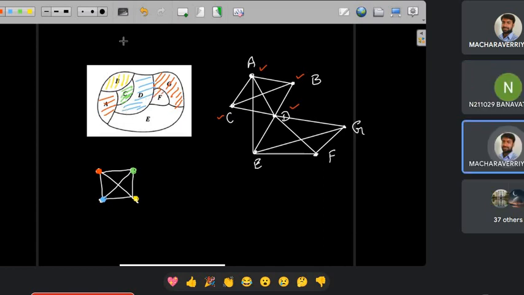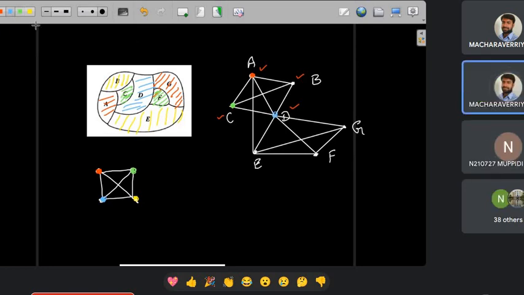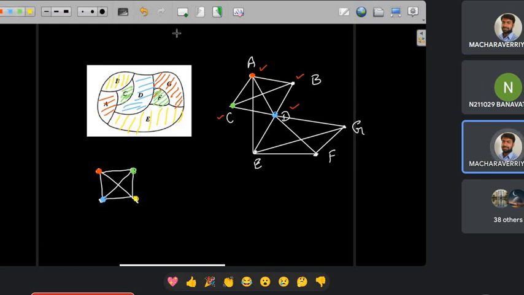Suppose I give green color here to F, now this one can be given yellow color. So let me assign the colors: to A red, for C green, D blue, and B yellow.